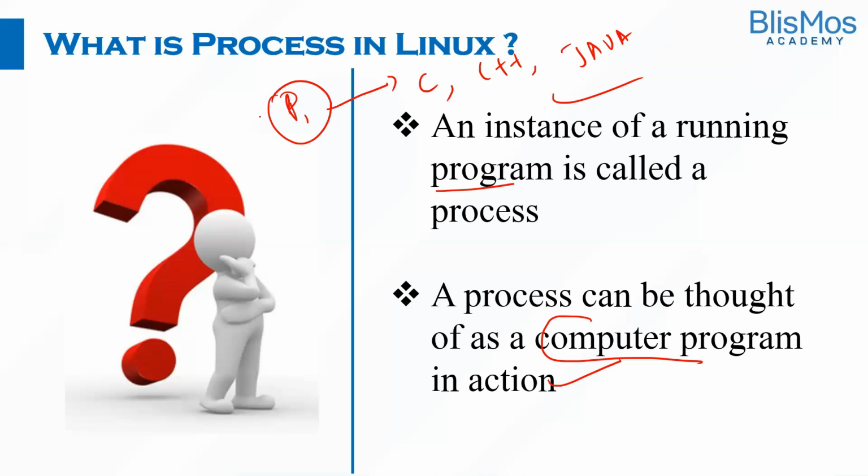After writing a program, if you want to compute something, if you want to do something from this program, you have to run that program, isn't it? So when you run that program, that becomes a process. I hope you got a clarity on what exactly is a process in Linux.